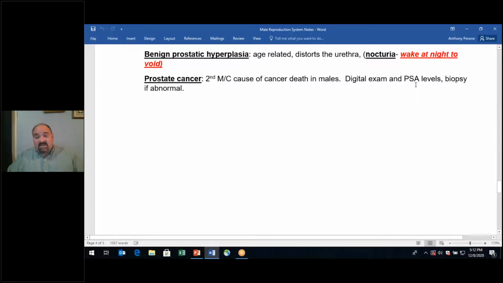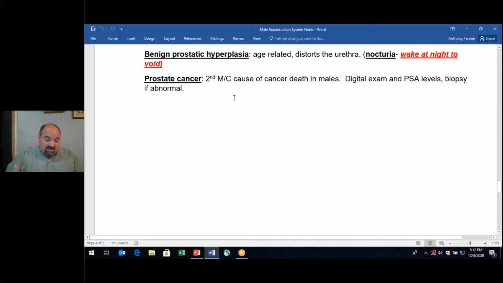And also PSA, this is a test that's done in order to see different levels, at a certain range, whether it's healthy or not healthy. And prostate cancer can be slow growing and slow moving. A lot of times there's observation and continued testing to see what's going on.